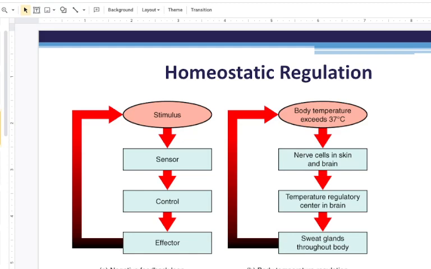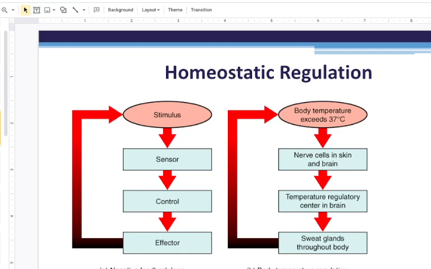This is going to send information to the regulatory center within the brain, the control center, and then our effector, such as our sweat glands throughout our body, which are located in our skin, part of the integumentary system, is going to sweat, which is going to allow the external environment to have conduction of, and it's basically going to decrease our body temperature.